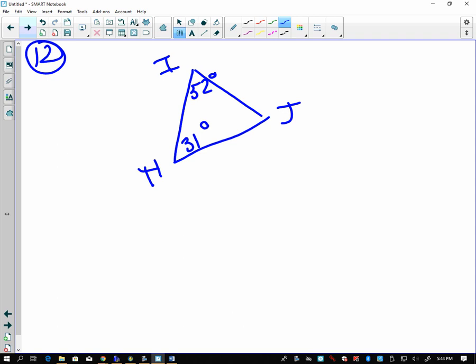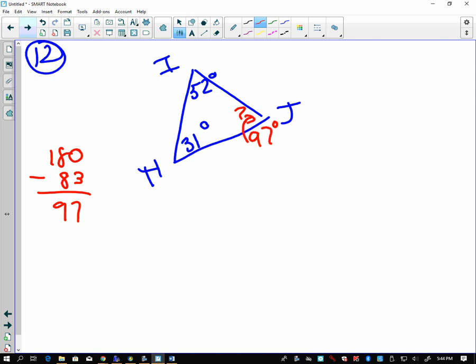Well, the first thing I have to do is figure out what is angle J. So we're going to take 31 plus 52. That's 83, so 180 minus 83 is 97. So this is 97 degrees here.